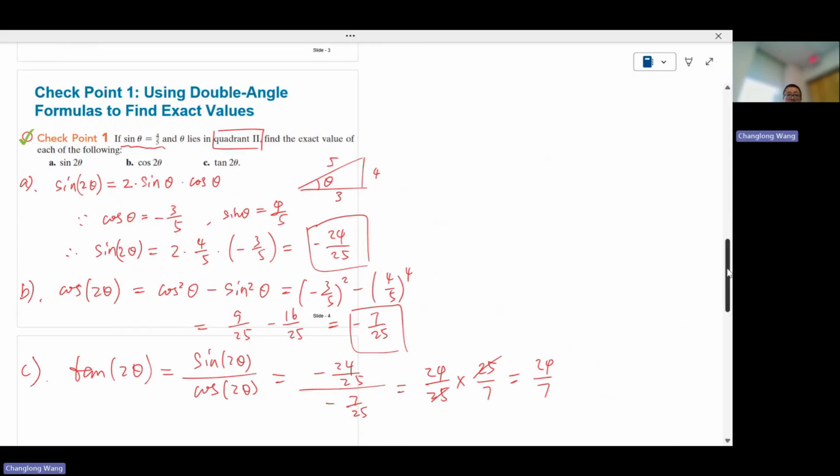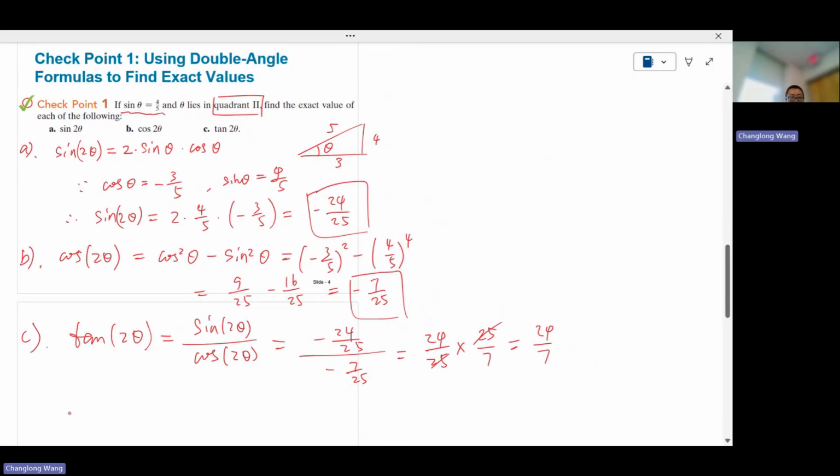Now, you could seriously try the double angle identity, 2 tangent theta over 1 minus tangent squared theta. I think that's probably not as easy as the quotient identity, but there's nothing wrong with it. The problem is you don't have the tangent theta, right?